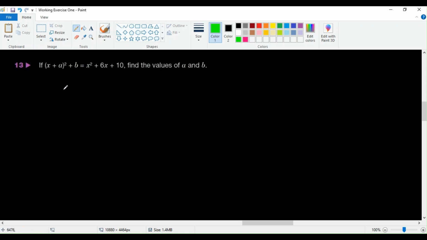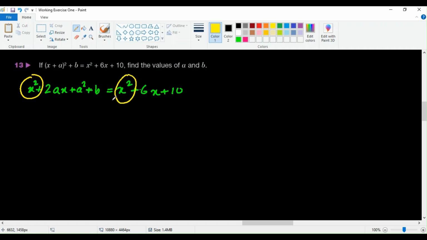Now we are going to break this up, and using a formula, x square plus 2 times xa, or I should rather write ax, and plus a square plus b equals x square plus 6x plus 10. So in here we can see that this one is equals to this one.